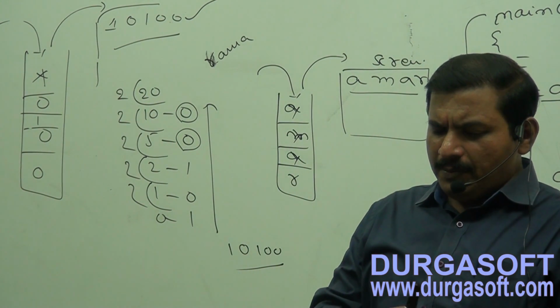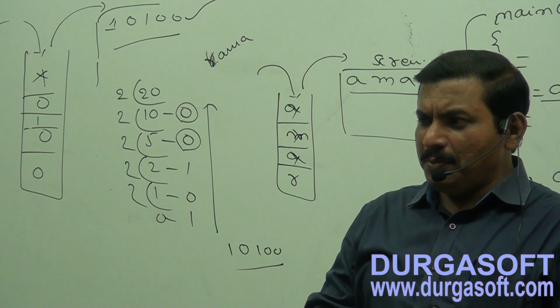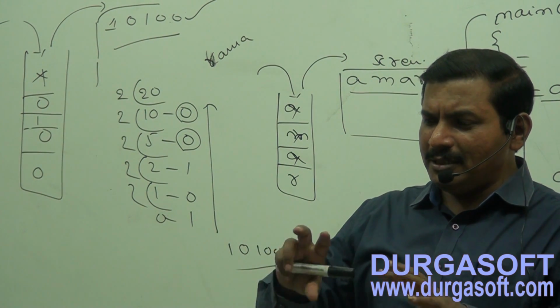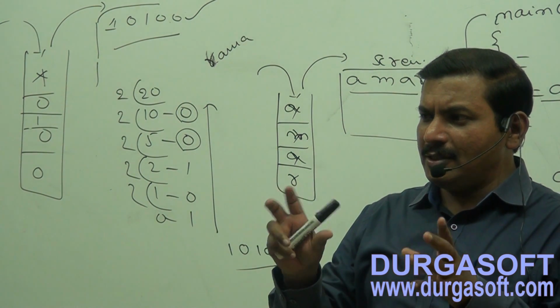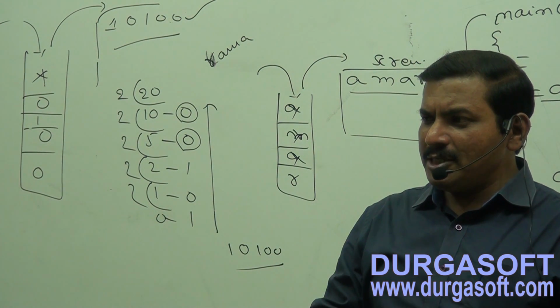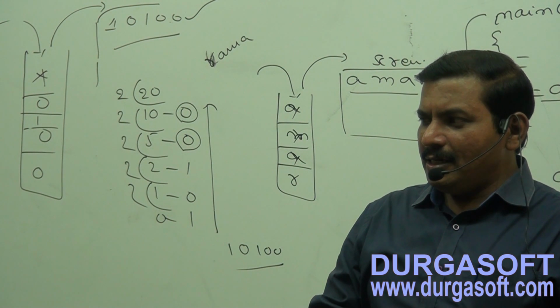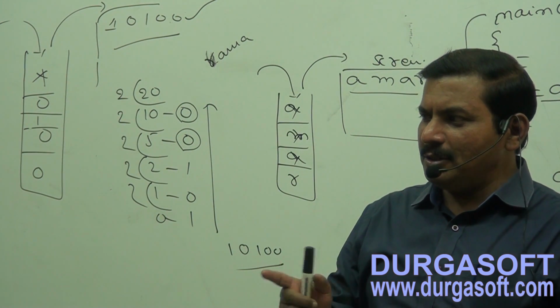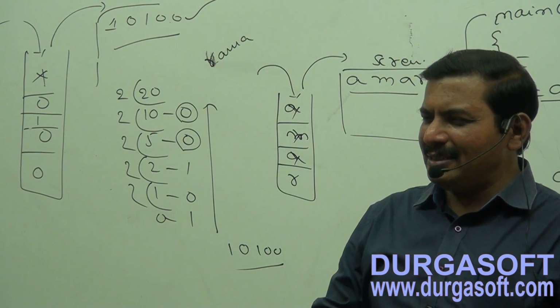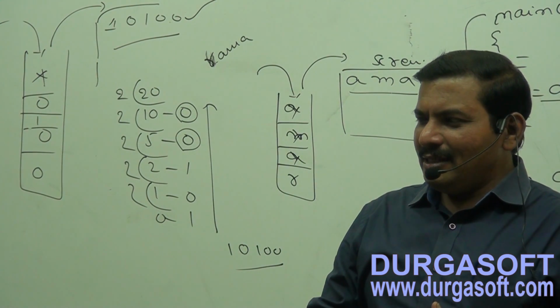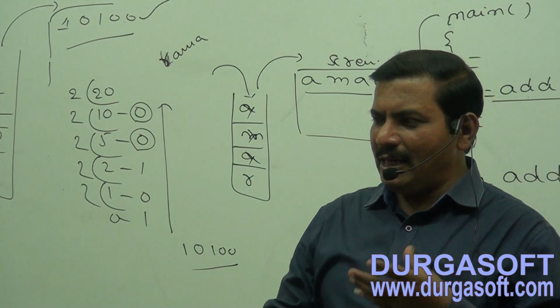A queue can be implemented through arrays, which is simple. Linked lists again require pointers and dynamic memory allocation concepts.